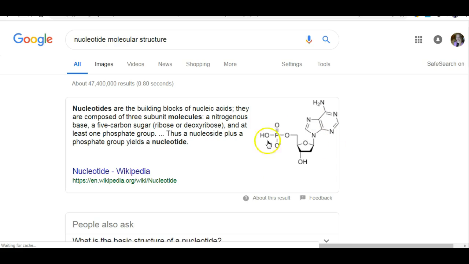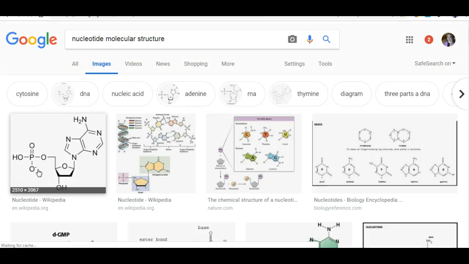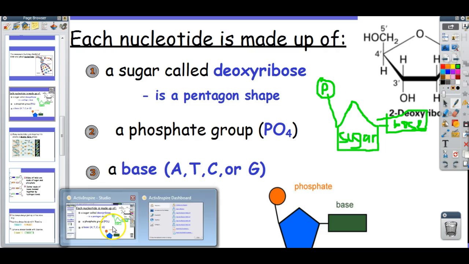So here you see a picture of an actual nucleotide. This is what a real nucleotide looks like. Okay, so even though we draw the phosphate as a circle, it's not really a circle. And the sugar is a pentagon. The base isn't really a rectangle, but we simplify things, okay?